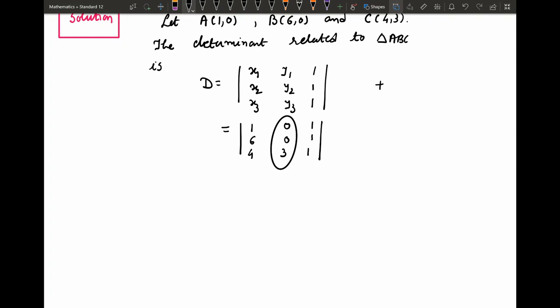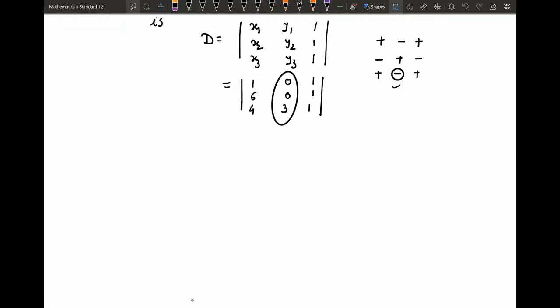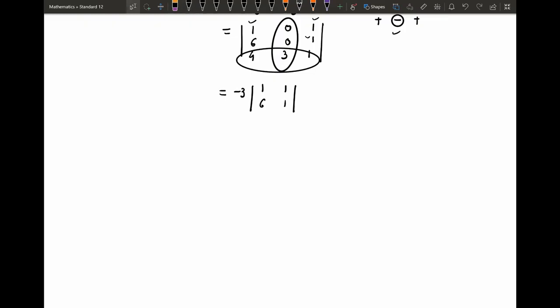and sign will affect this: plus minus plus, minus plus minus, plus minus plus. So this sign will affect, so minus 3 into 2 by 2 determinant. You leave the row and column in which that entry lies. Remaining will form 2 by 2 determinant. So 1 1, 6 1. Now let us simplify this. So we have expanded determinant using second column.